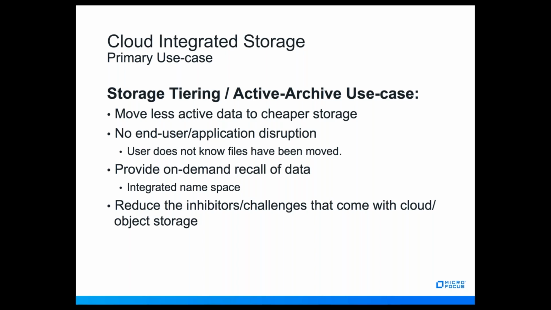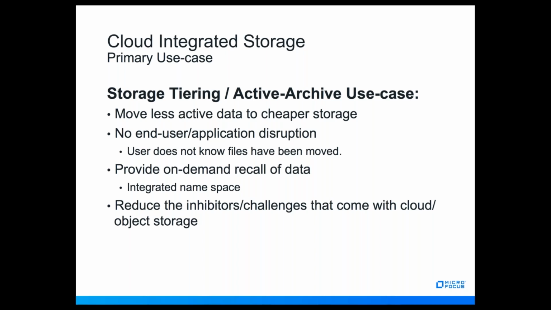When we say object store, we refer to IBM Cleversafe, Cloudian, and many such solutions, or SUSE Enterprise Storage, as well as public cloud storage solutions like Amazon S3 and solutions from Google and Microsoft, right? So this cloud integrated solution will help you leverage these object or cloud storage technologies to move the less used data to those solutions to reduce the cost of ownership on your primary storage.